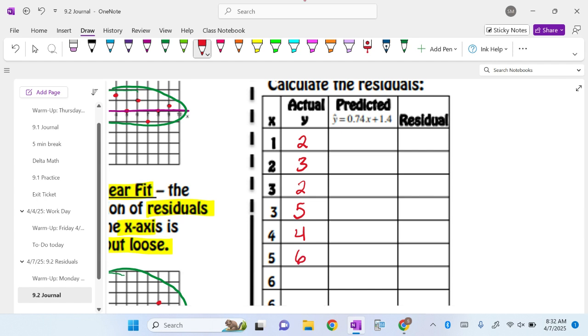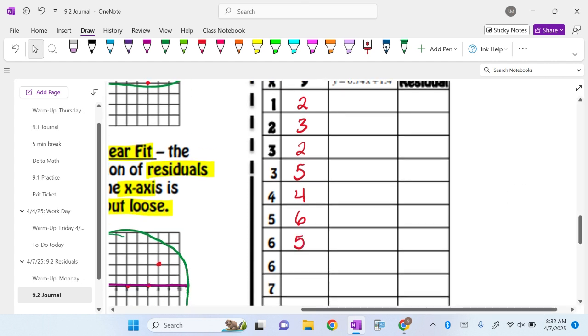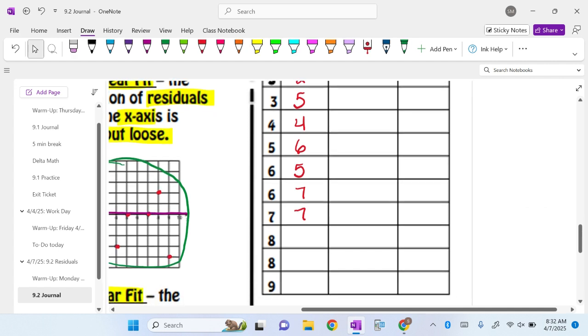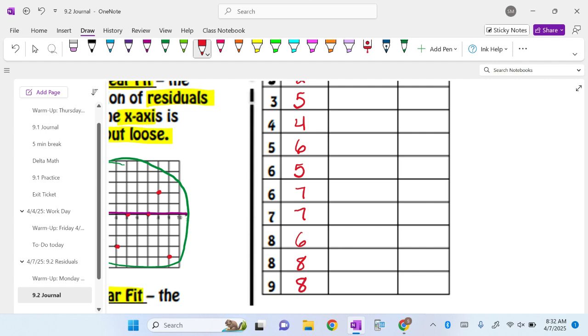When x is 6, there are 2 points, with a y value of 5 and a y value of 7. For 7, it's also a y value of 7. There are 2 points at 8. One of them is 6. The other one is 8. And at 9, it has a y value of 8.